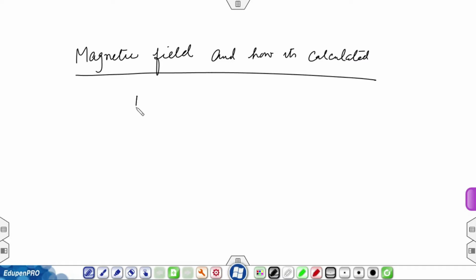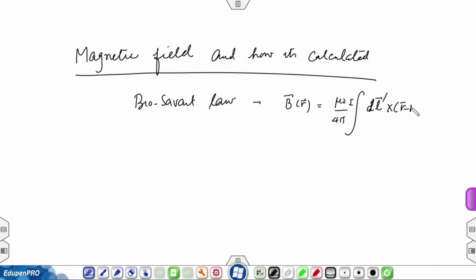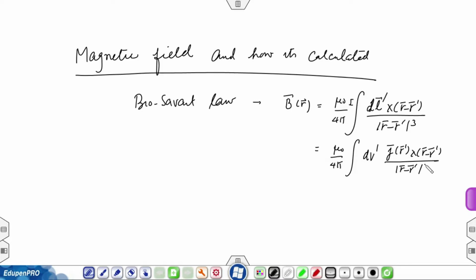I introduced the Biot-Savart law, which said that the magnetic field due to a loop at point r is given as mu 0 over 4 pi integration I d l prime cross r minus r prime over magnitude of r minus r prime cubed, and then we changed this to mu naught over 4 pi integration d v prime J of r prime cross r minus r prime over magnitude of r minus r prime cubed. We also learned about vector potential.